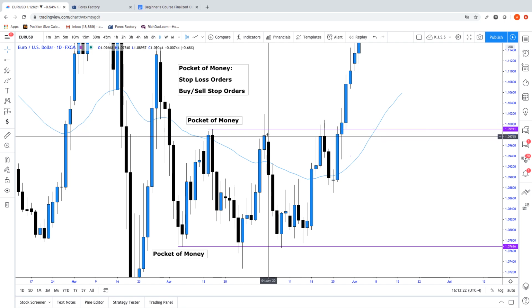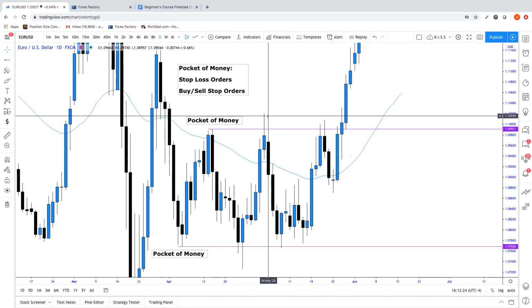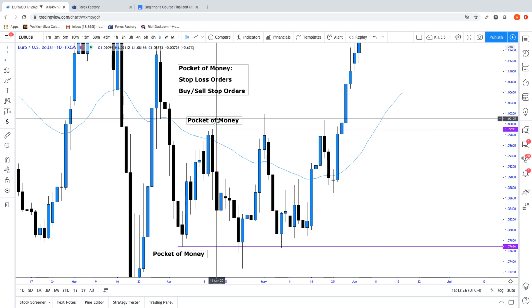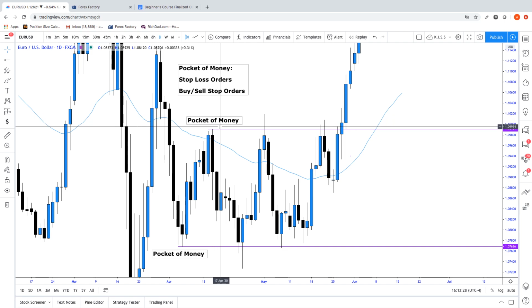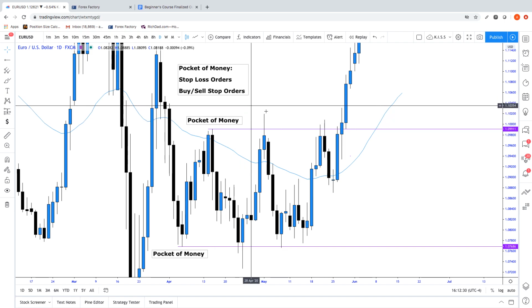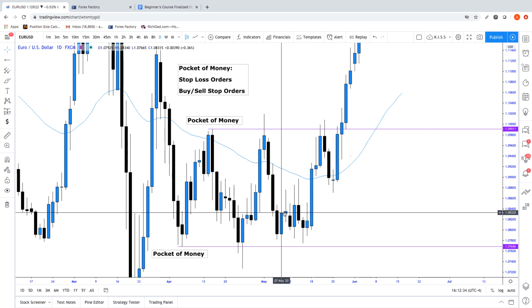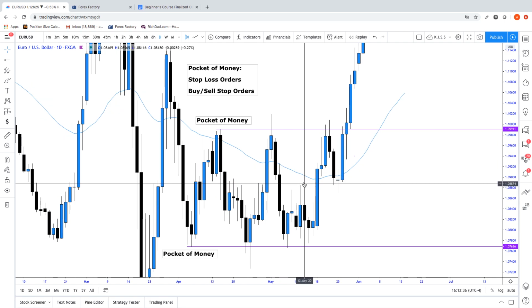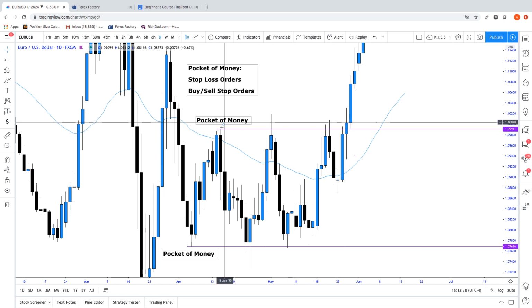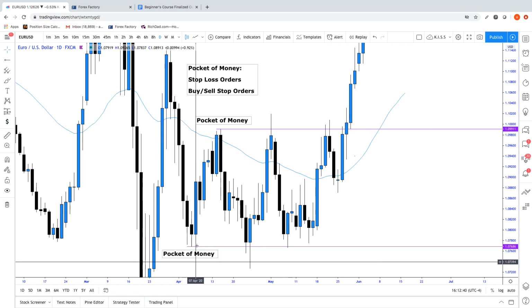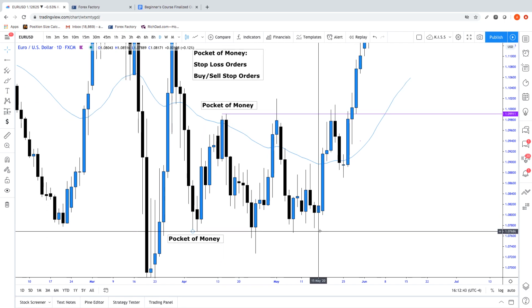The banks have pushed price through the high, triggered people's buy stops, automatically entering them into buys, and then brought price straight back down. Around these highs and lows is exactly where we're looking for manipulation into liquidity.